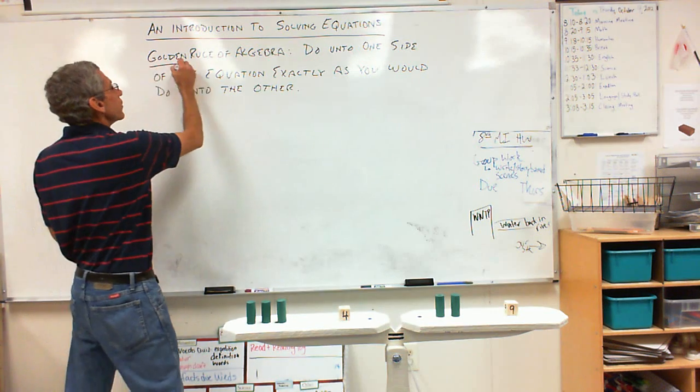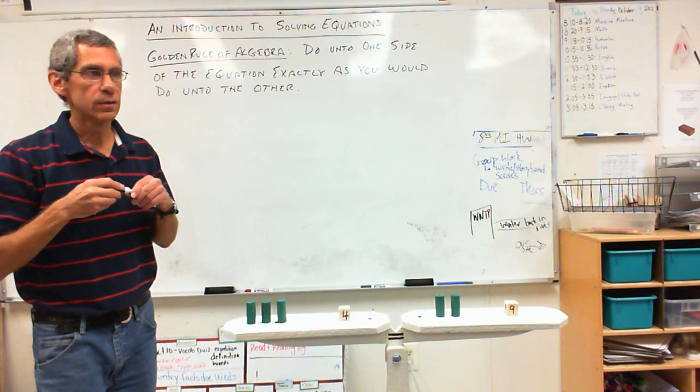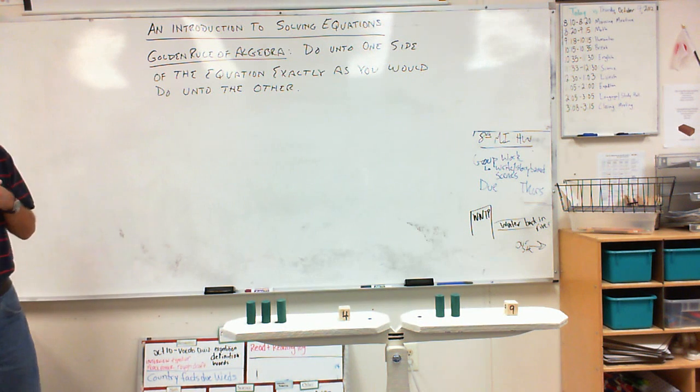It's just arcane, that's the old language. That's the golden rule of algebra. I've seen it written different ways. You can use your own words. Do unto one side of the equation exactly as you would do unto the other.